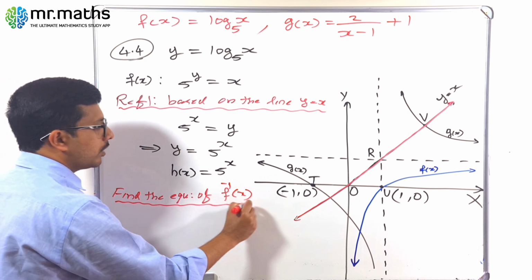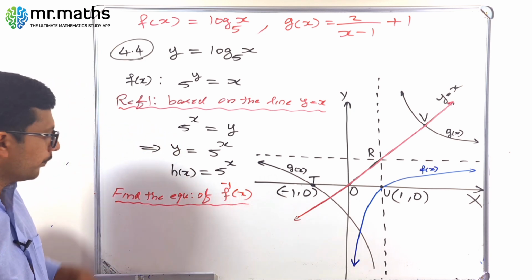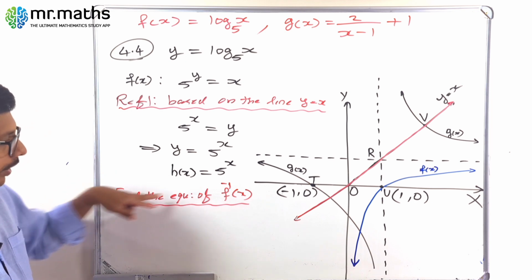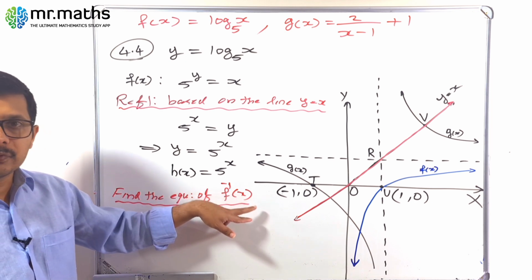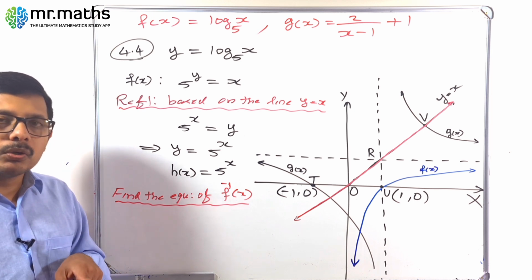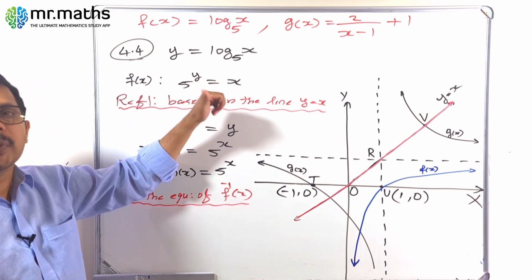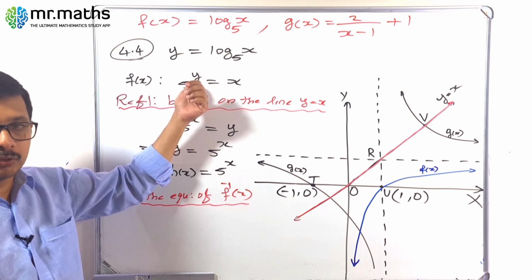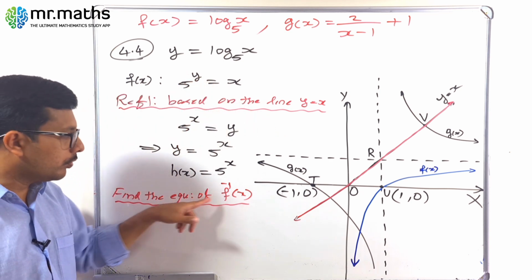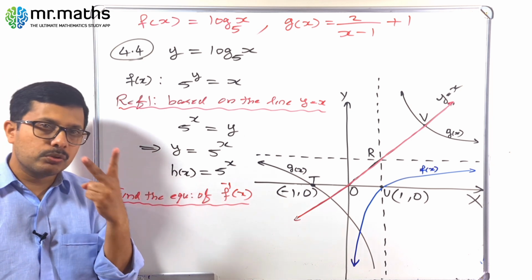This question is not a part of this one, I'm just explaining some more things. In case the question is to find f inverse of x, what are you supposed to do? There also you are supposed to do the same thing. You have to swap x and y. Do you remember that one? When you want to find the inverse, you have to swap x and y. So two things you have to remember.